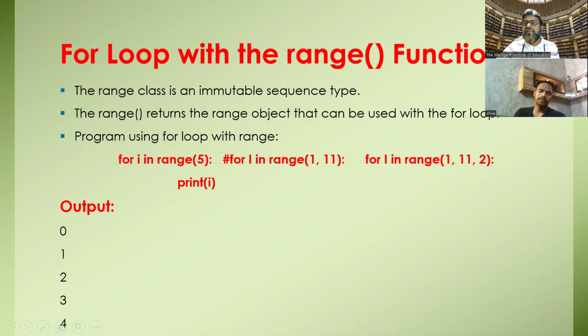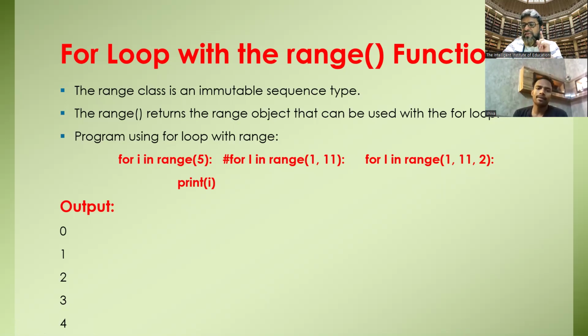See the syntax I have written: for i in range(1, 11, 2). 1 is the first number, 11 is the last number, and the interval is 2. So it prints 1, then 3 (1 plus 2), then 5 (3 plus 2), then 7 (5 plus 2). Every number has an interval of 2, and it prints up to 11.